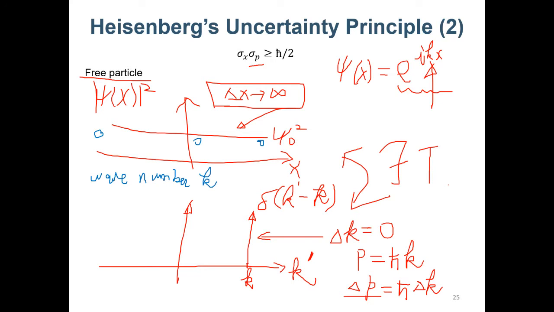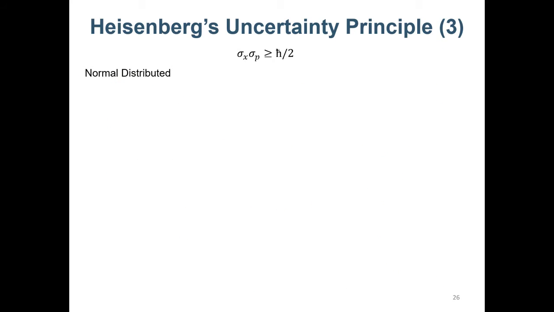And then let's try another case, which is the normal distribution. This is actually the case where Heisenberg proved delta x delta p is larger than h bar. I'm not sure whether you know the normal distribution, or the Gaussian distribution.